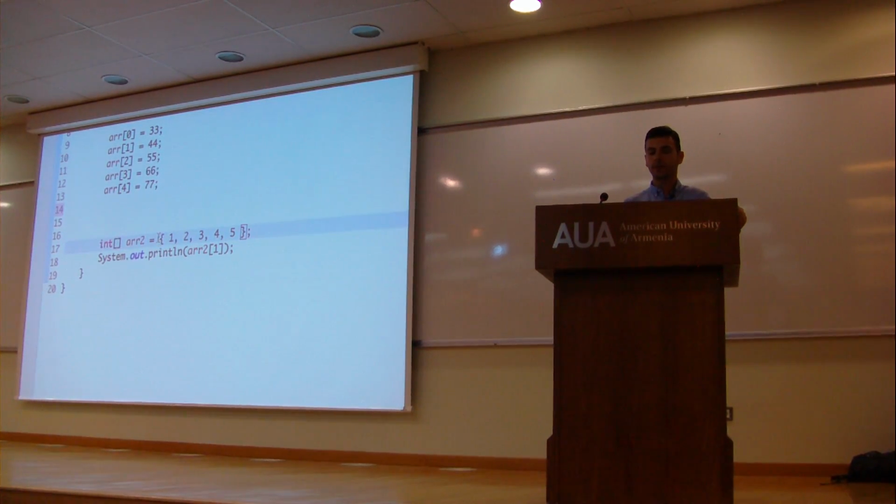So this is saying create an array that has inside of it 1, 2, 3, 4, 5. Yeah, if you want, but again, you don't have to remember this. So this will create an array of what length? Exactly.